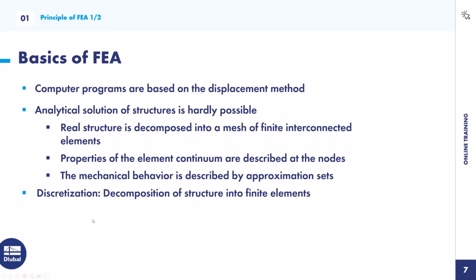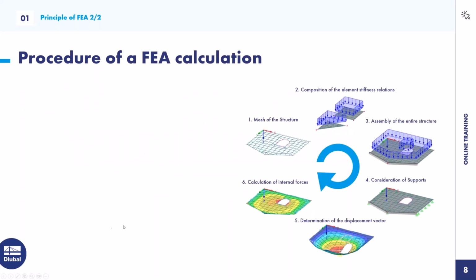And to make it a bit more clear, we have it also in a sketch where I will explain in 6 easy steps how a finite element analysis calculation is carried out. So the first step would be the discretization.